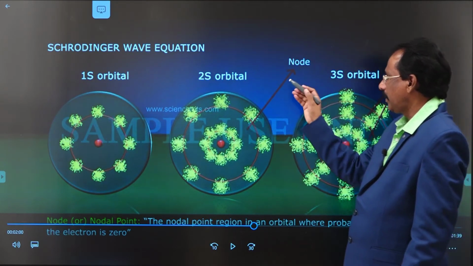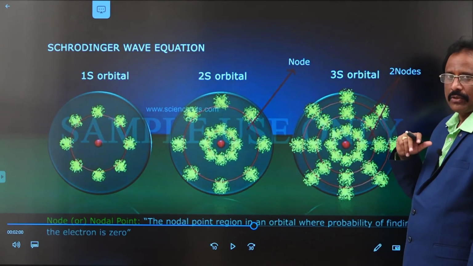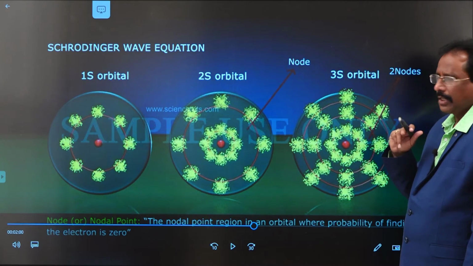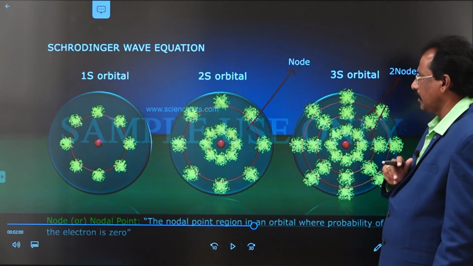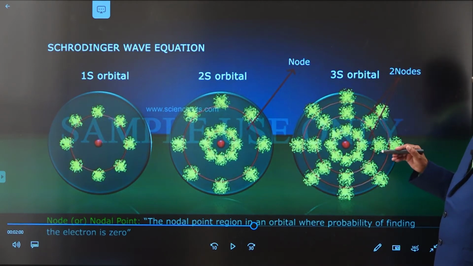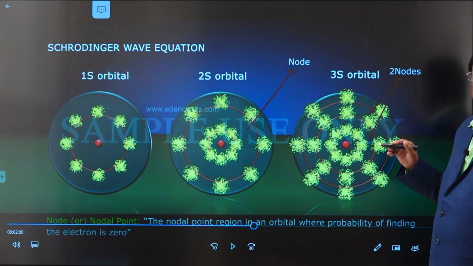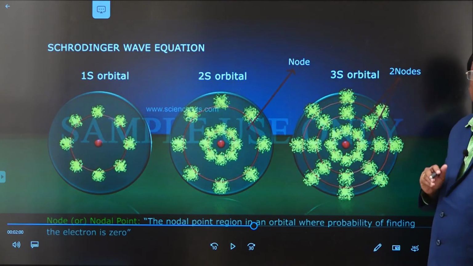That's why for 2s orbital there is one spherical node or one radial node. For 3s orbital, there are two spherical nodes: 3 minus 0 minus 1.